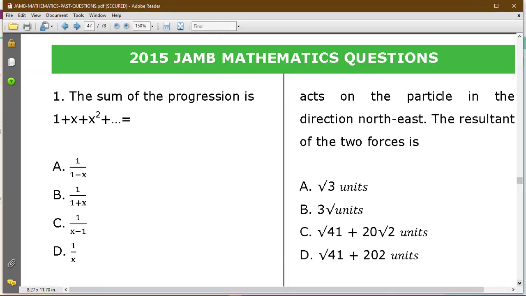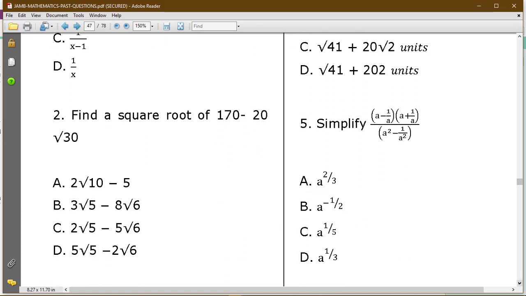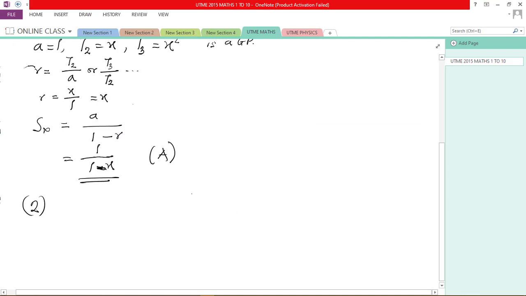Number 2 here says that find the square root of 170 minus 20 root 30. This question is somehow long, but it's not that long. Look at how it will be solved now. It will be solved easily.